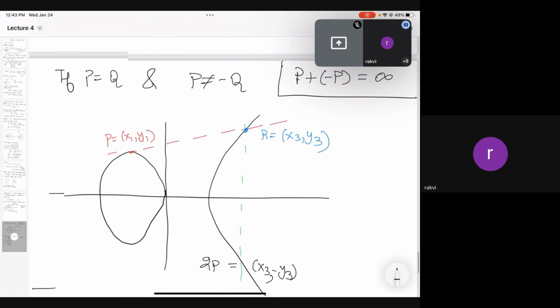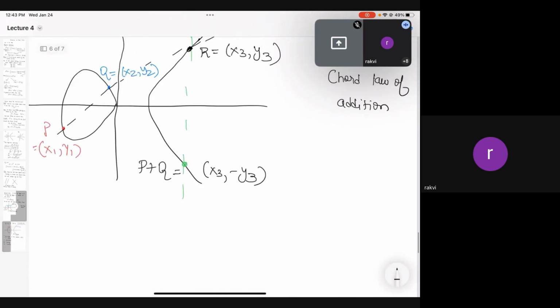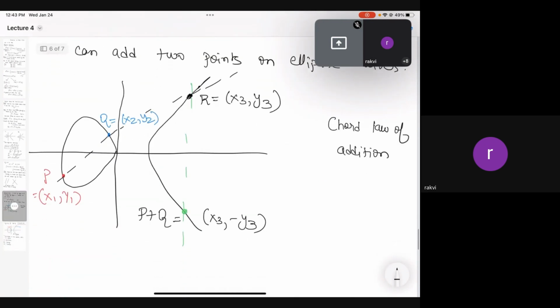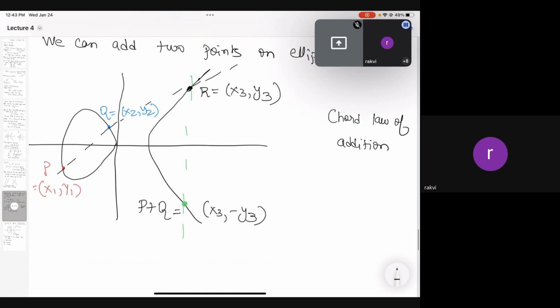So checking that this procedure is associative is hard to do just by looking at the pictures, right? Because a priori it's not clear that if I take 3 points, let's say p1, p2, p3, then the order of addition or the parentheses don't really matter.